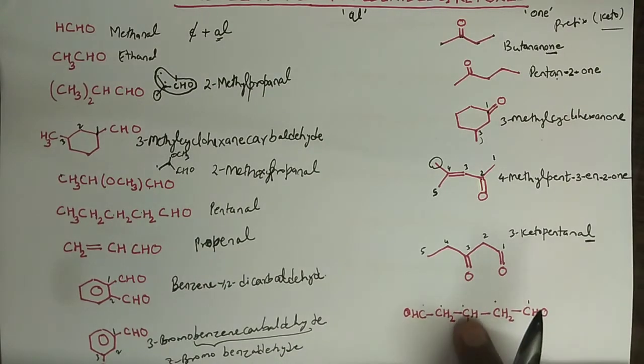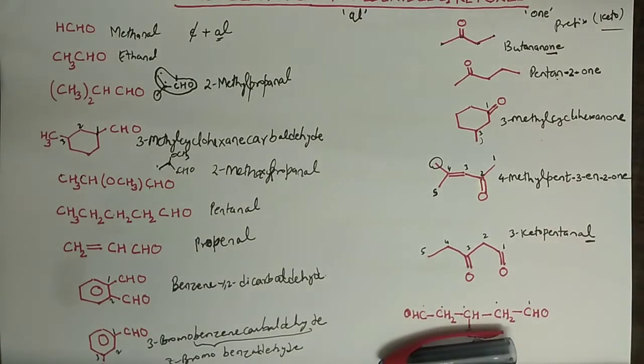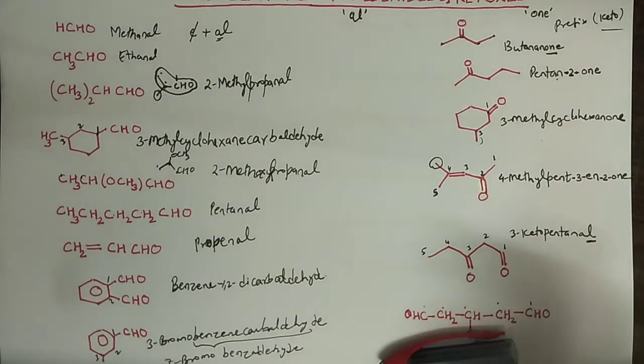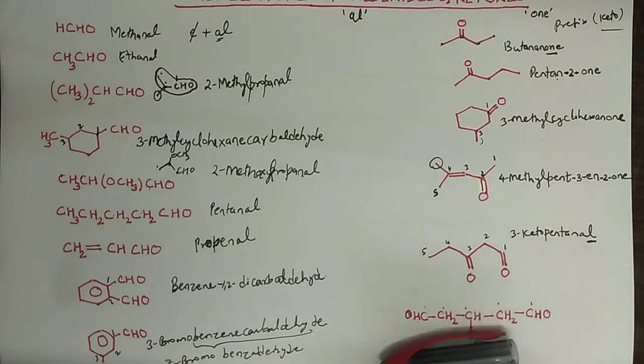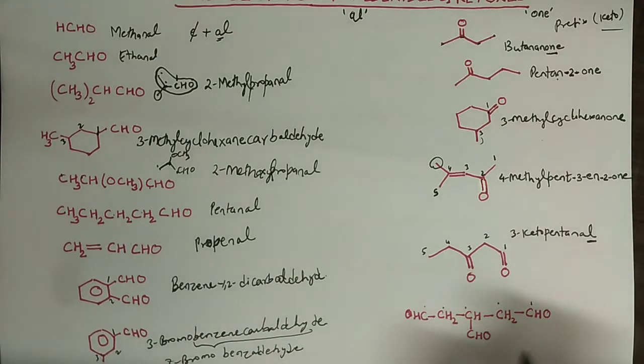And suppose I hide this group, so this group is not present, you will have 5 carbons, and the simple name for this will be pentane-1,5-dial, or you may not write the locants, because it is understood that this group will be at the extreme positions, right? So pentane-1,5-dial.